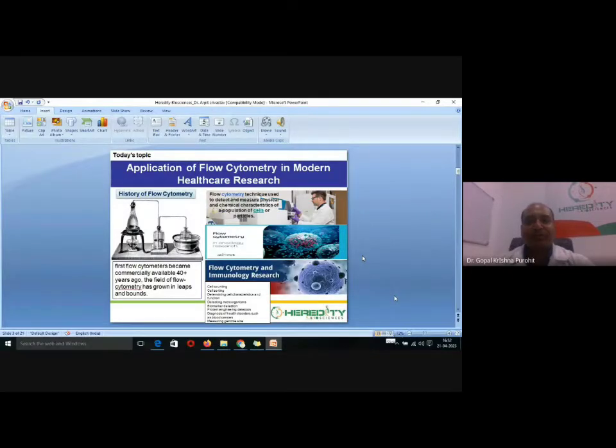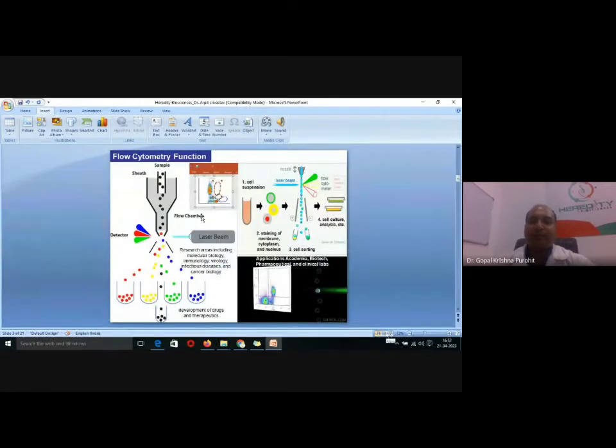In this process, a sample containing cells or particles is suspended in fluid and injected into the flow cytometer instrument. The flow focuses the cells one at a time through laser beams, where the light is scattered according to the characteristics of the cells and their components.